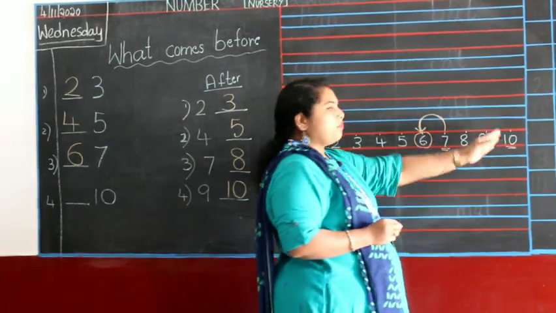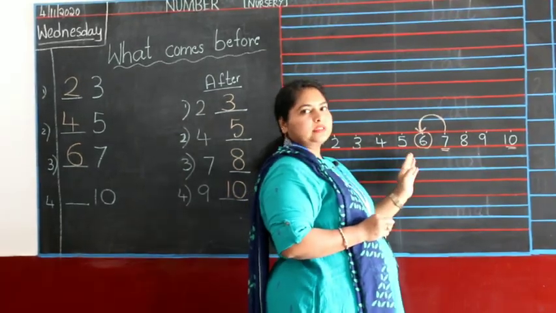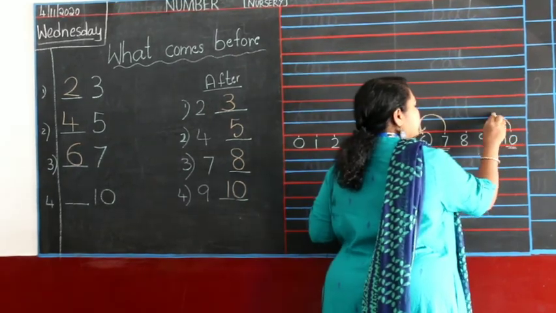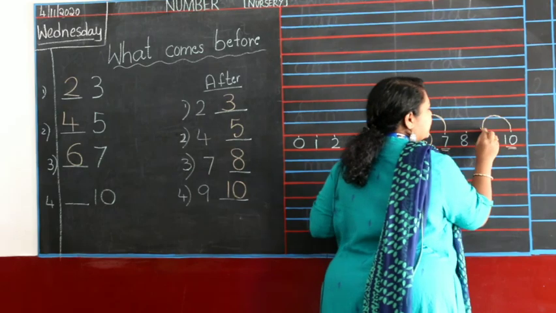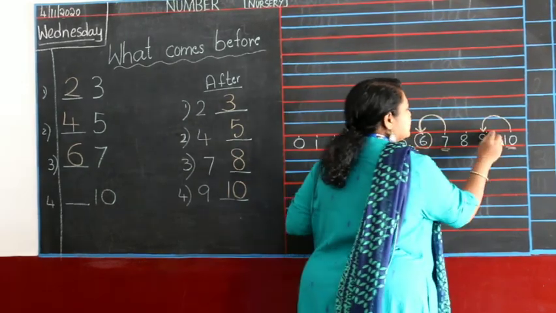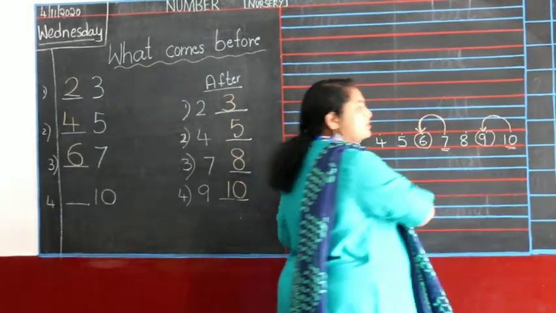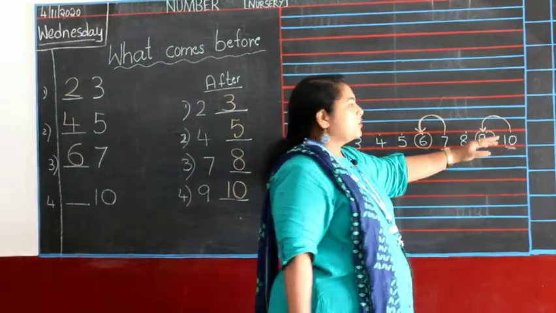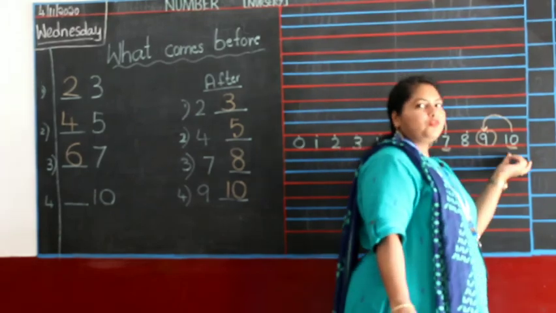You have to go backwards to find what comes before 10. How do you go back? Move the arrow to your left and you find a number here. What number is this, children? 9. Very good, 9. So 9 comes before 10.